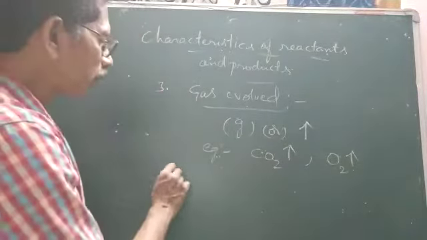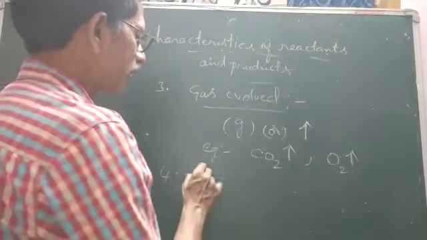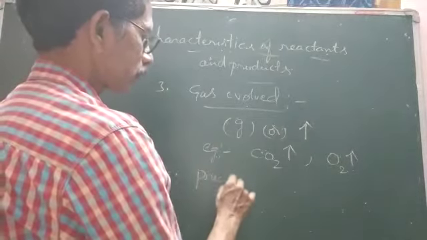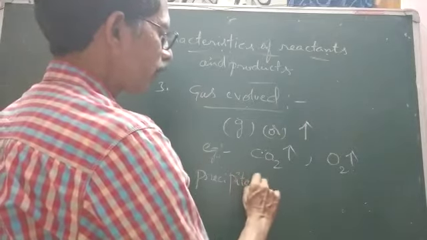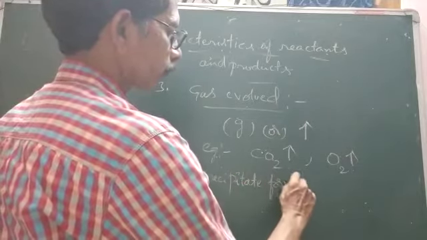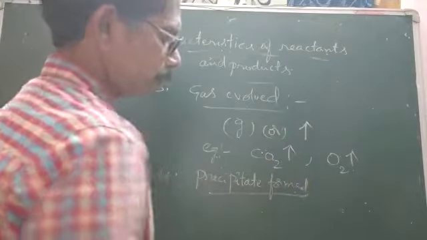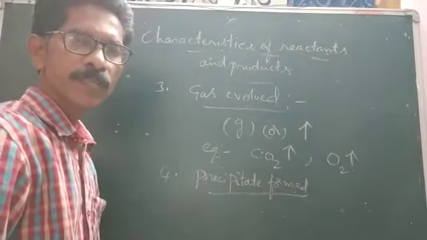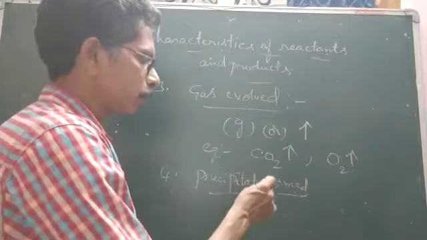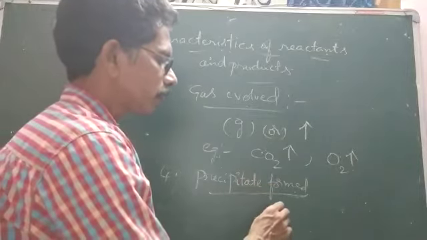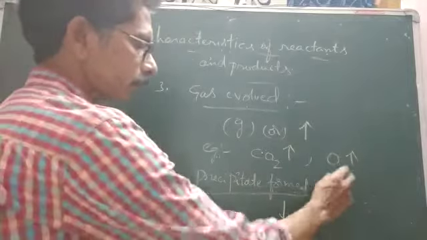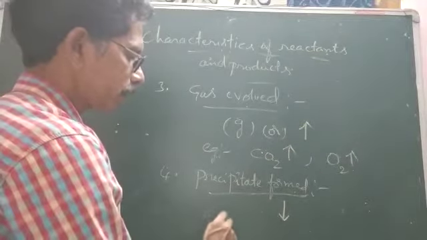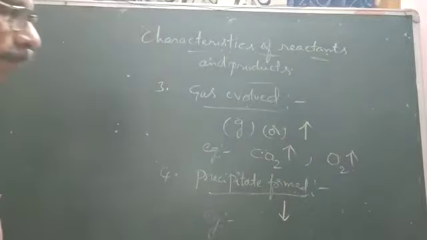Next, the fourth one is precipitate. Precipitate formed. Precipitate means a paste form. So for this one, down means a downward arrow. Examples: precipitate is formed.